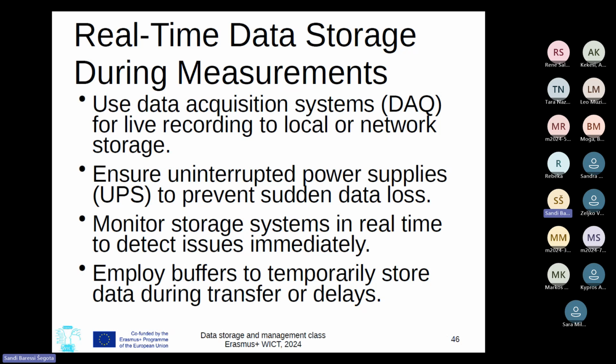Another problem is we want some sort of automated monitoring, not just of our electrical network, but of our storage and of our network as well, if we are using network attached storage or cloud, because we want that information to be shared to us as soon as possible.